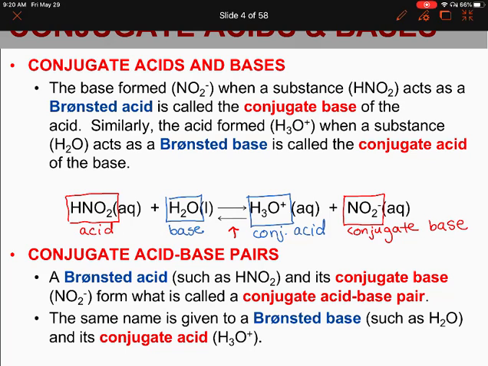So H3O+ can act as an acid because it could give one of its hydrogens to NO2- and reform the water molecule. So if we went in the reverse direction, H3O+ would act as an acid and NO2- would act as a base.